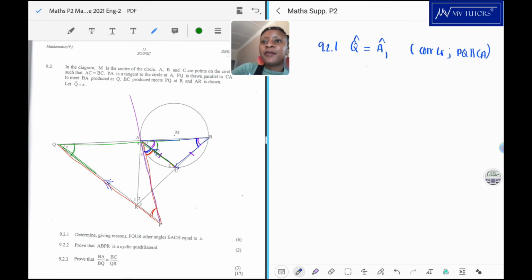Therefore, A1 is equal to X. So that's the first one. Then we know that A1 is equal to B.